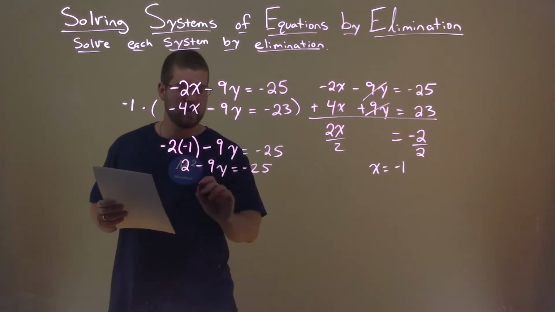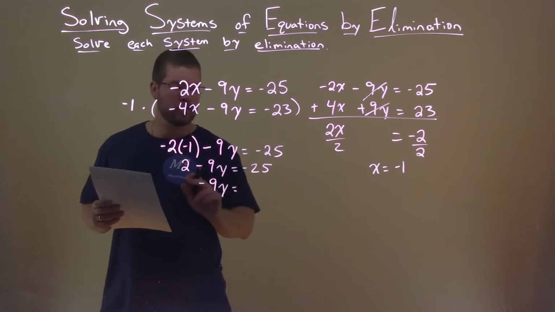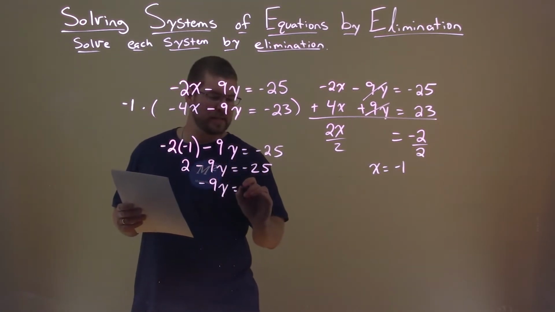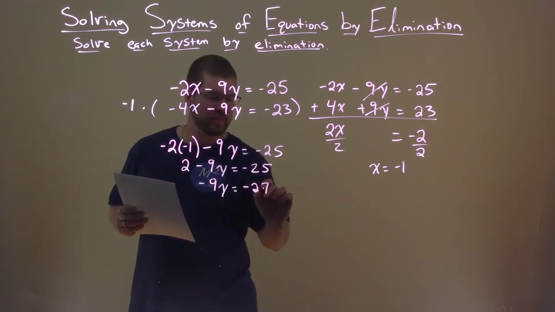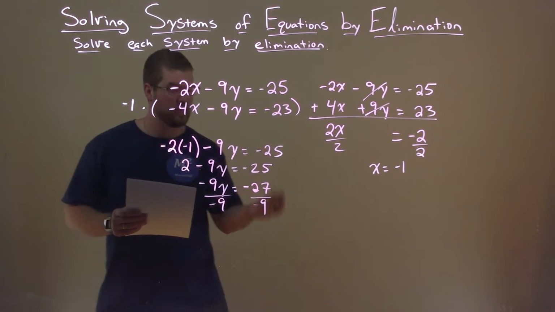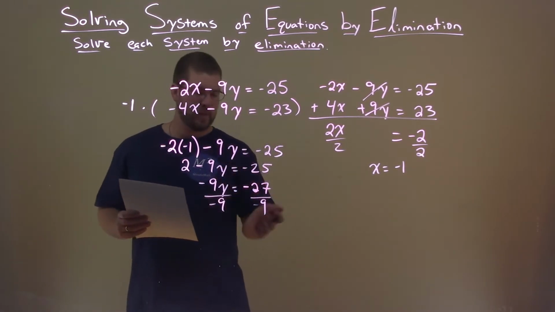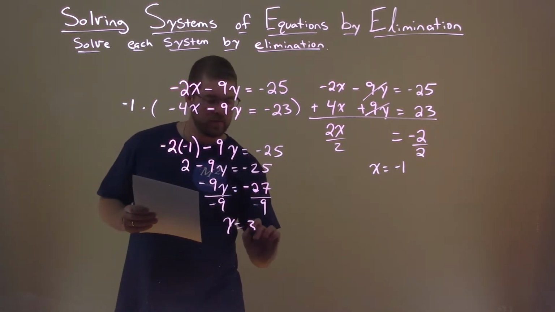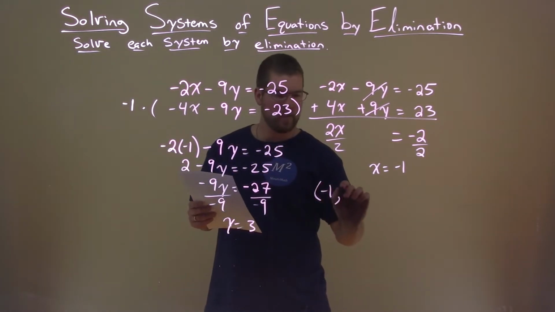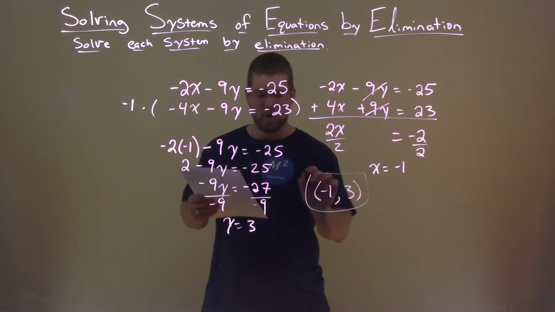Subtract 2 from both sides: negative 9y equals negative 25 minus 2, which is negative 27. Divide both sides by negative 9, and negative 27 divided by negative 9, two negatives make a positive, y becomes a positive 3. So we're left with the coordinate point negative 1 comma positive 3 as our solution.